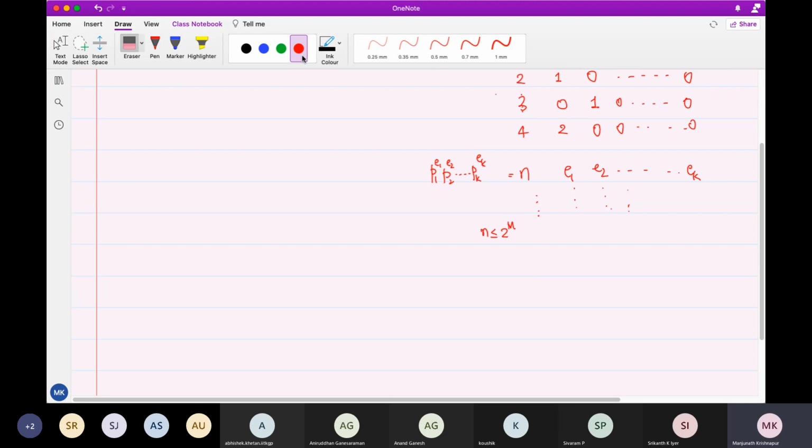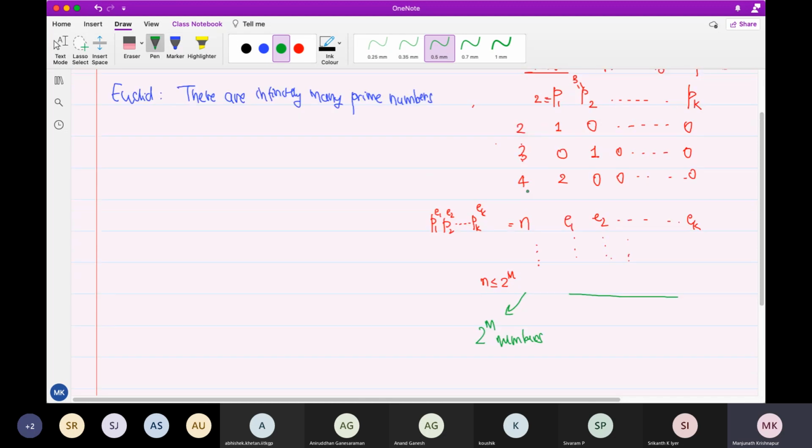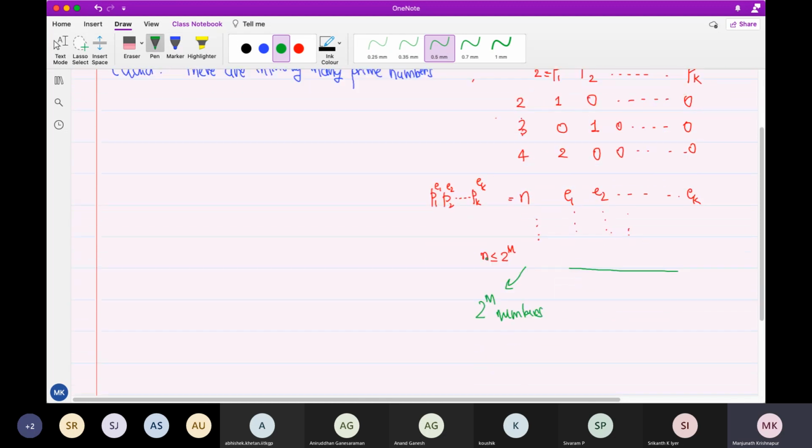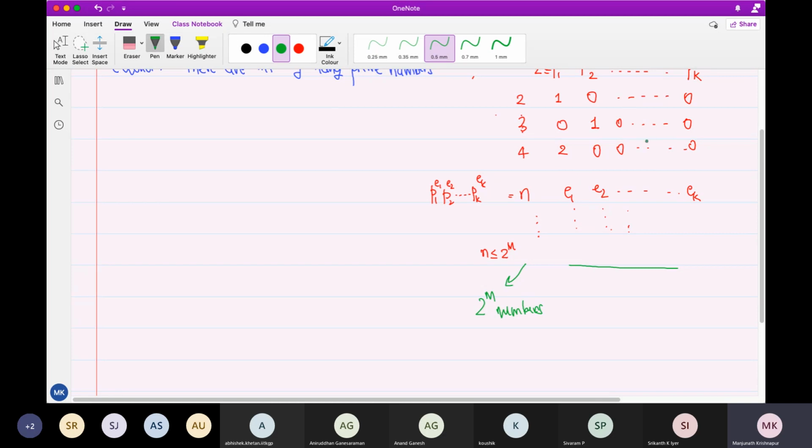So how many numbers are there? There are 2 to the m numbers, maybe one less because I left out one, on the left side. But how many tuples are possible?